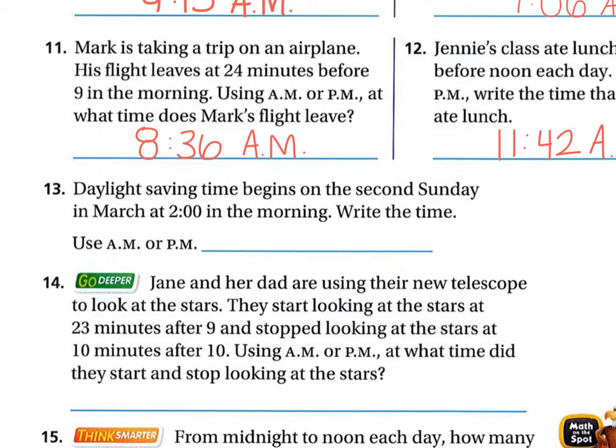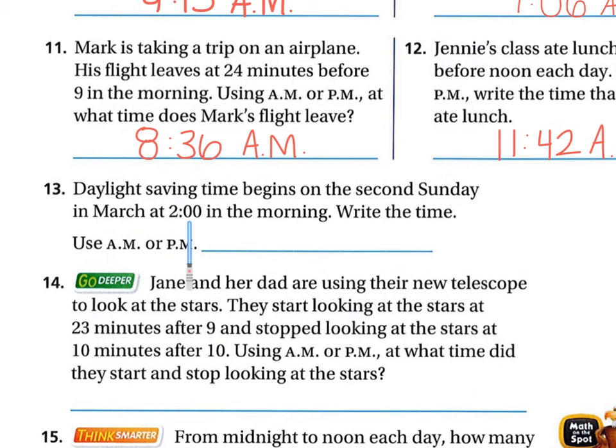Before we check our answer for number 13, I want you to notice number 13 says daylight savings time. If you didn't know what that was, you might recall in the fall when we turned our clocks backwards. And then in the spring, we spring forward, so we move our clocks ahead an hour. So with this problem, they're talking about that time when we change our clocks, and it just so happens that daylight savings time begins on the second Sunday in March at 2 in the morning.